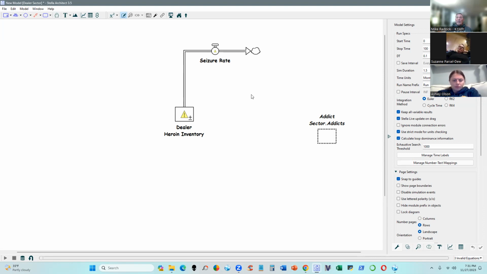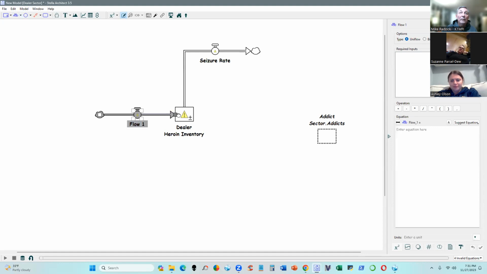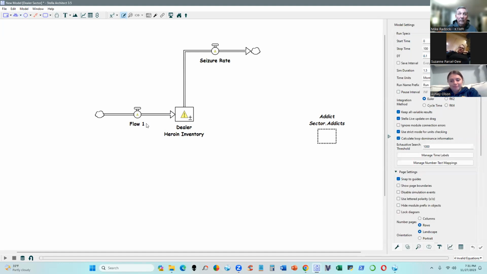What else might change the stock of heroin inventory? The dealers' staff, access to manufacturing, like the transportation from the source zones. Okay, so you're saying new stuff coming in. Right. Acquisition rate.